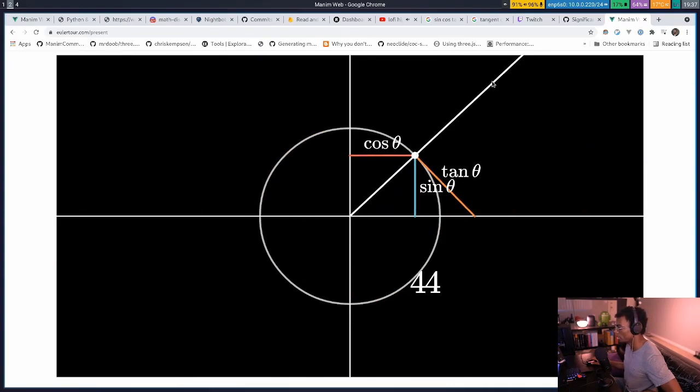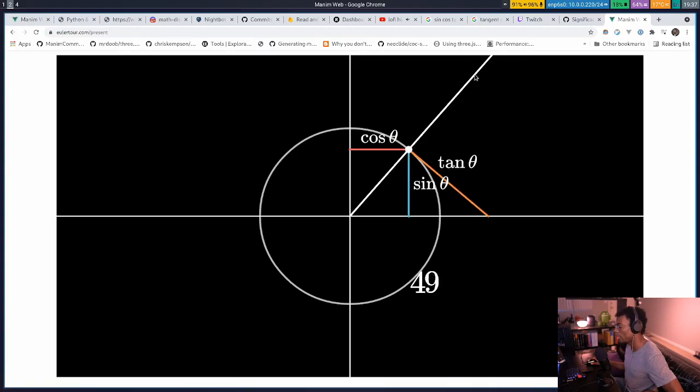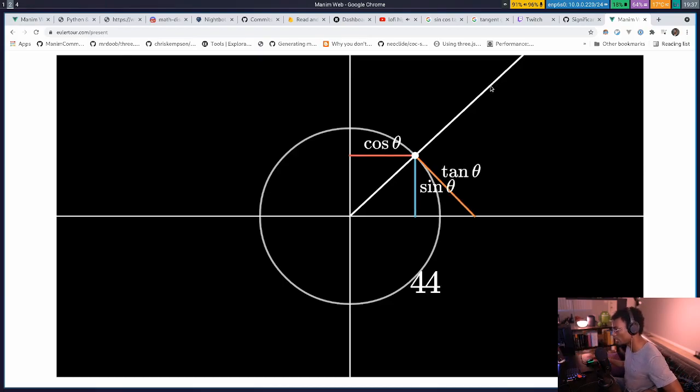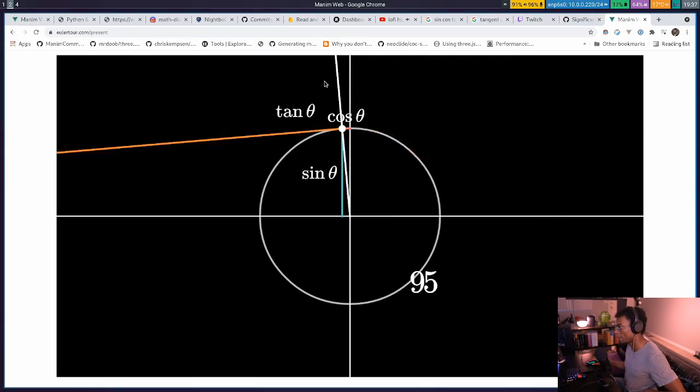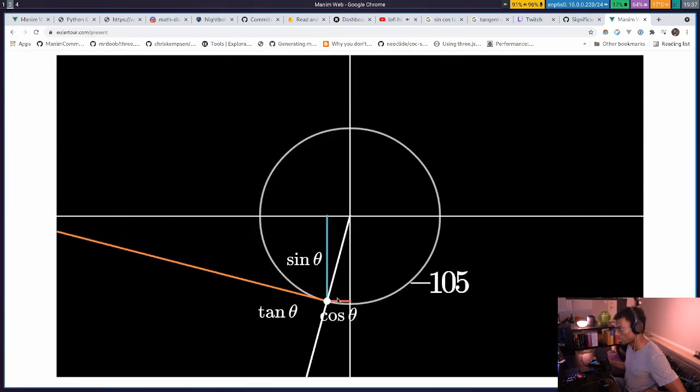What I should do next is, I do sometimes wonder if I should bring the cosine label down. So it should be like where the x-axis is. But I don't think that's necessary.